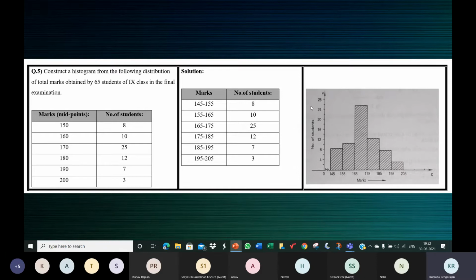Between 24 and 26 here will be 25. So 8 can be found directly. 10 is between 8 and 12. This is 10.